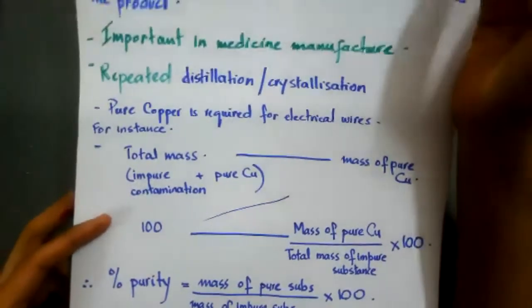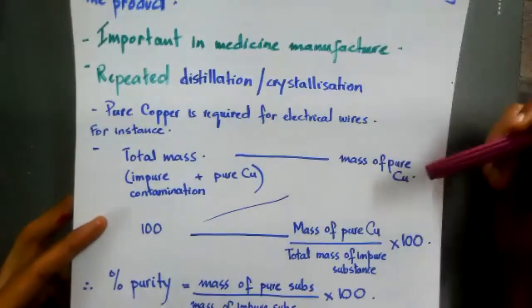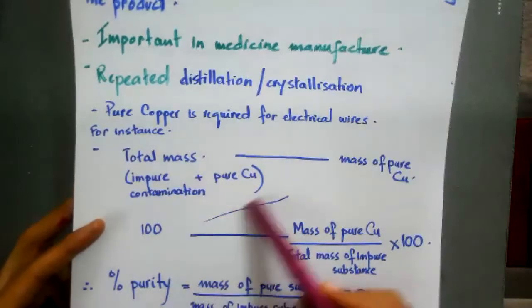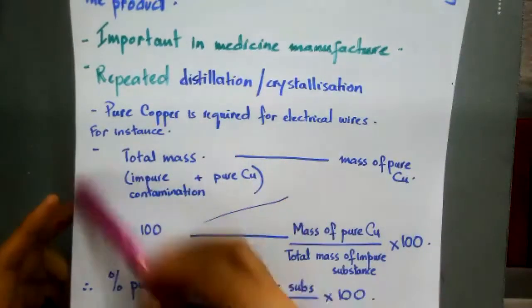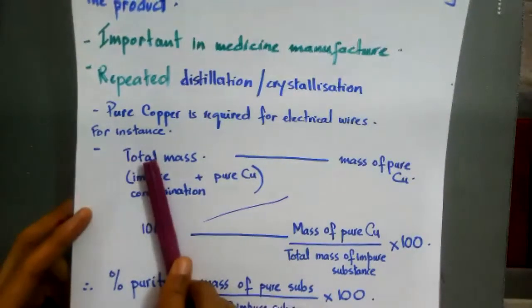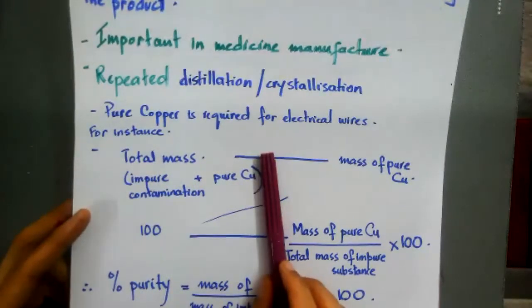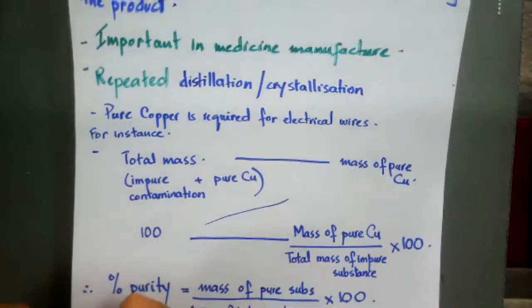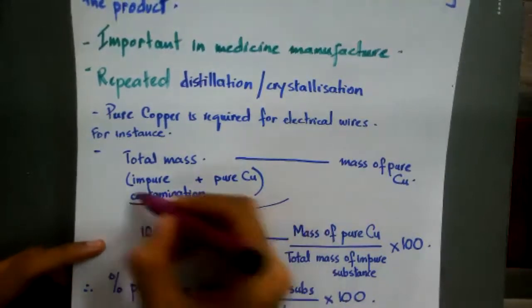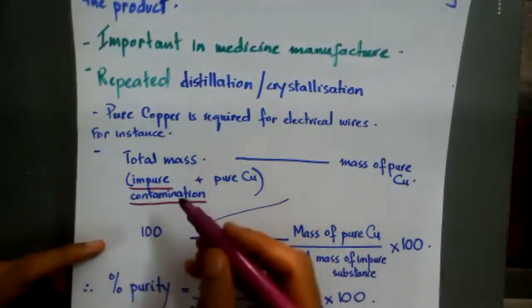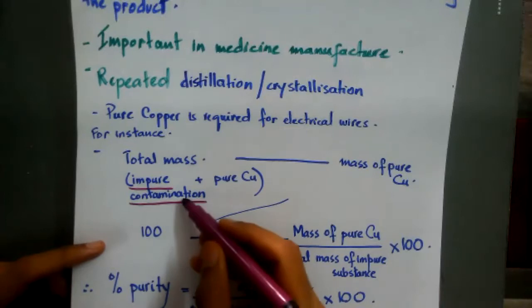Okay, so once we have talked about the importance, now let's find out how we calculate it. The total mass means impurities plus the pure substance. You can call them impurities or contamination, whatever. Contamination also means impurity, unwanted substances.